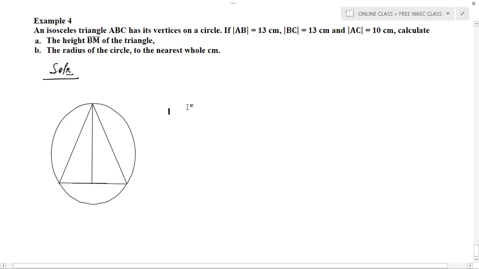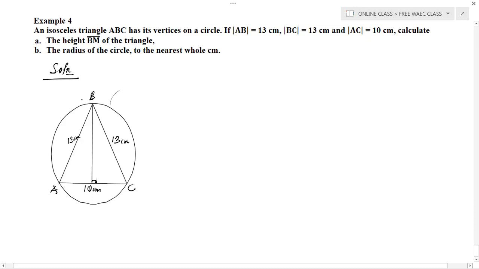Now, from what they said here, like I analyzed the other time, B is common to the two equal sides. So here will be B, here will be A, and here will be C. Definitely here is 13 centimeter, 13 centimeter, and the chord will be 10 centimeter. Here is the angle 90.